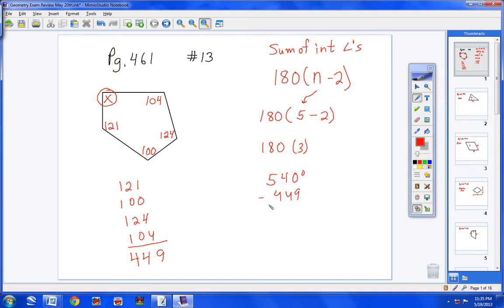So I'm going to subtract this out very quickly, and I will get 91 degrees. So I know that X, this angle right here, has to be 91 degrees. And how could you check your answer? Add up all 5 angles, and you should get 540 degrees. And you do. So know how to do that on your final exam.